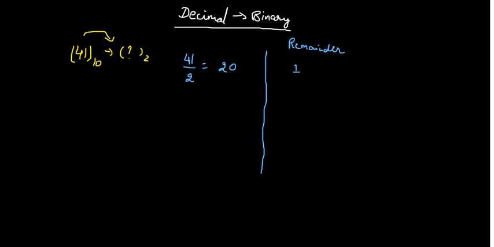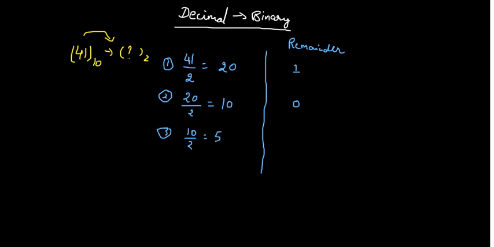Now it's okay, right? 20 divided by 2 is going to be 10. We do not have any remainder in this case. Remember, these are new divisions in each case. This is the first one, this is the second one, and now we proceed with the third one. 10 divided by 2 is going to be 5.